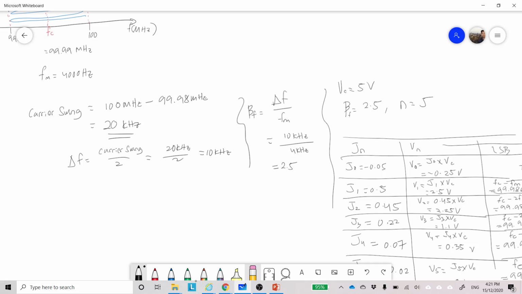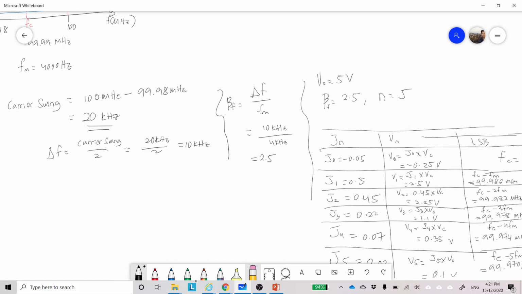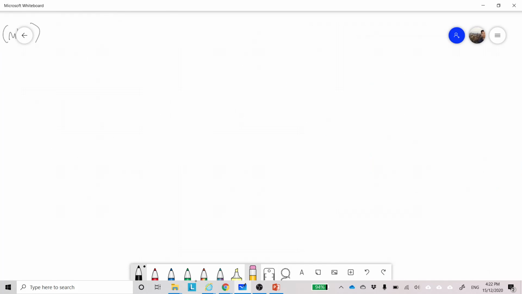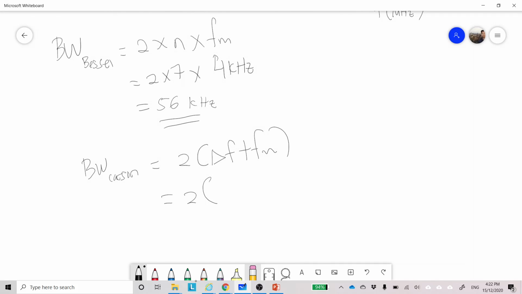Okay, carrier swing, sorry, delta F adalah 10 kHz. Okay, so 10 kHz tambahkan dengan 4 kHz, darabkan dengan 2. So 14 darab 2, so you akan dapat 28 kHz.